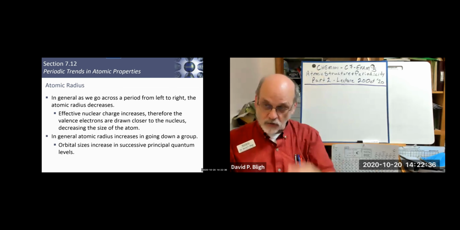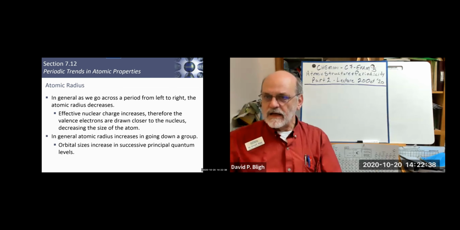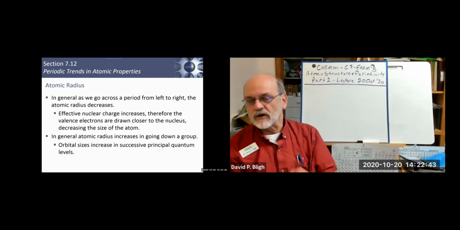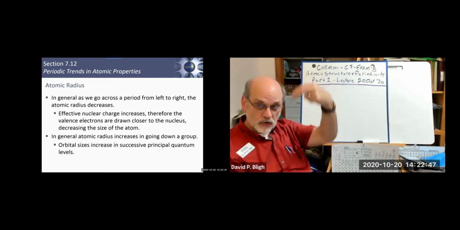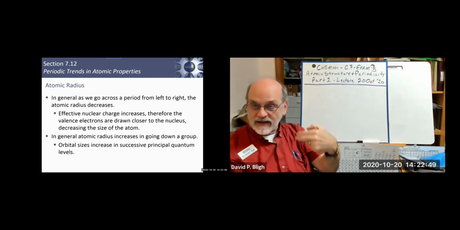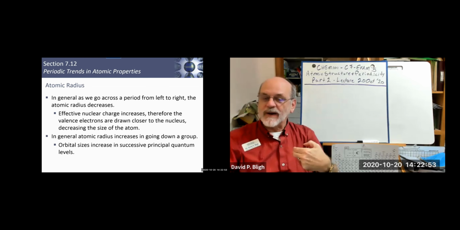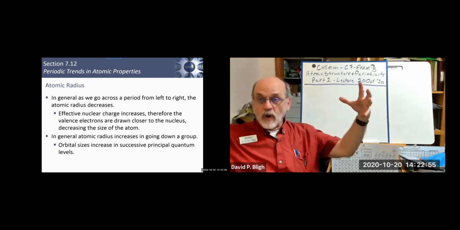Now, if you go down in a group, the primary influence on atomic radius there is which energy levels are occupied. And as you go down a group, you have higher and higher energy levels occupied by electrons, which means they're way out here.